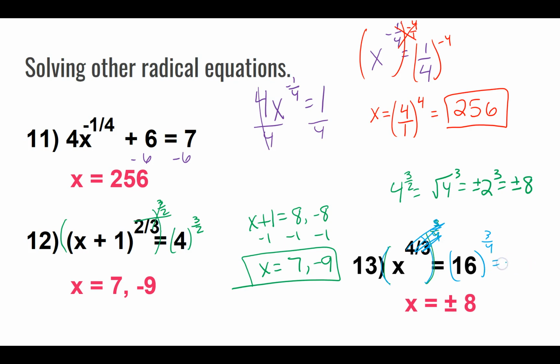That's the same thing as saying the 4th root of 16 cubed. Whenever you do an even root, you have a positive and negative. So we take the number that's on the bottom, that's the root. The 4th root of 16 is positive and negative 2. 2 and negative 2 cubed gives me 8 and negative 8. Like that. Okay?